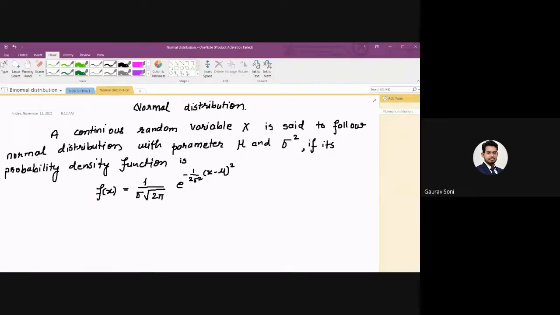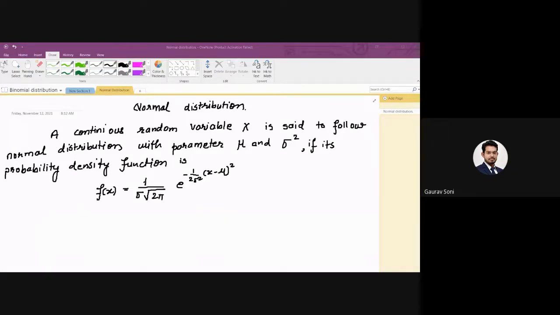How do you get the probability now? Integrate this function from 1 by 2 to 3 by 2. You can see that this becomes really difficult. Integrating this even for such small values is going to make things difficult. But there is a shorter way to do this.